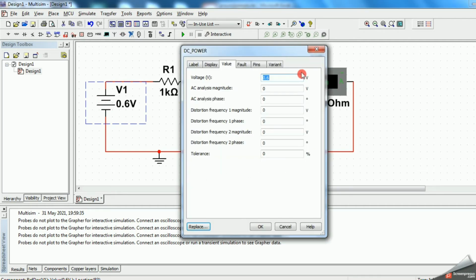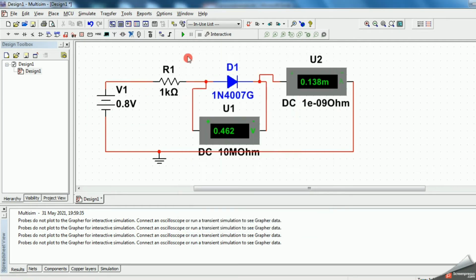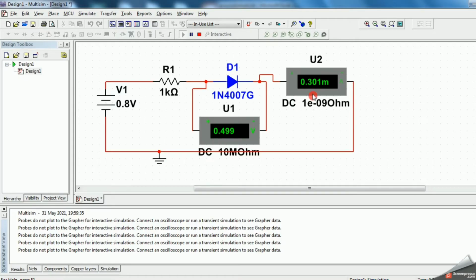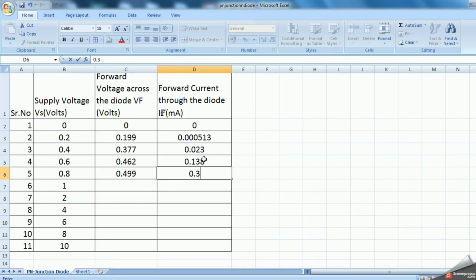Make the supply voltage 0.8. Okay, then run. The voltage across the diode is 0.499 and current through the diode is 0.301 milliampere.